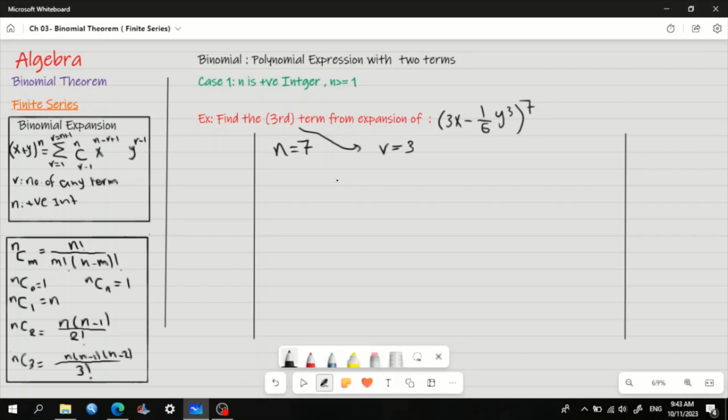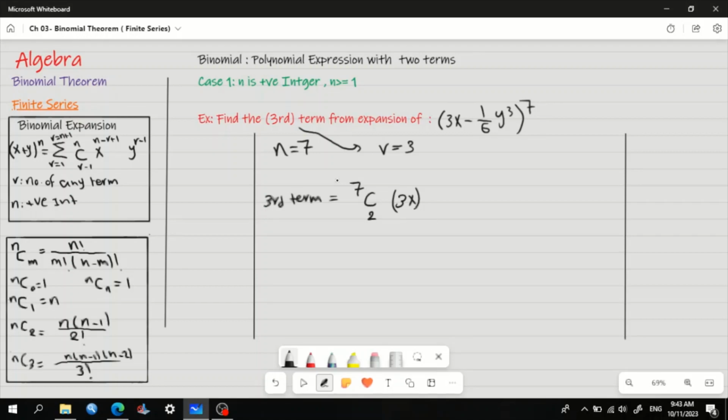Okay, so let me find this term from the general expansion. So here third term equal to 7 combination of r minus 1. So here 7 combination 2 and 3x to the power n minus r plus 1.